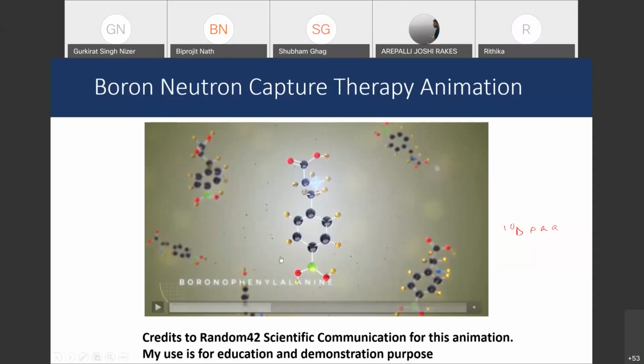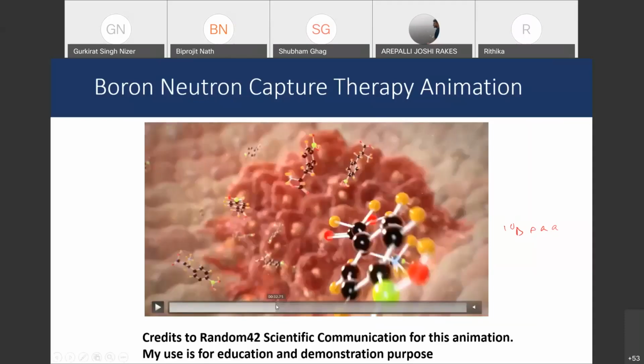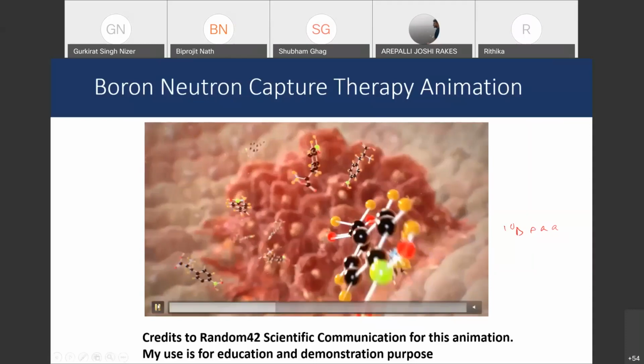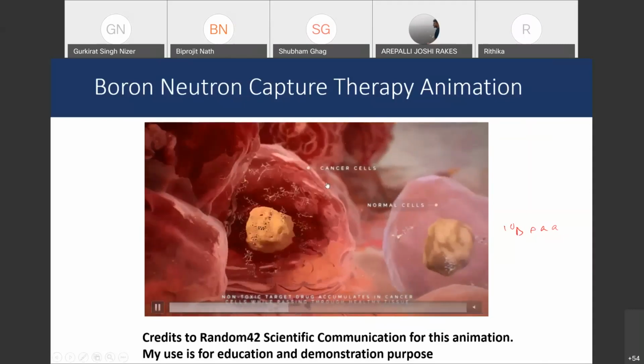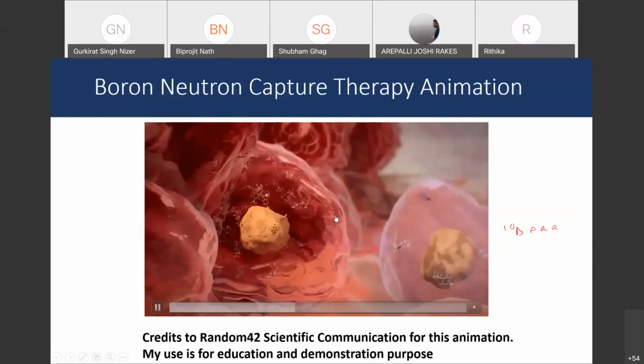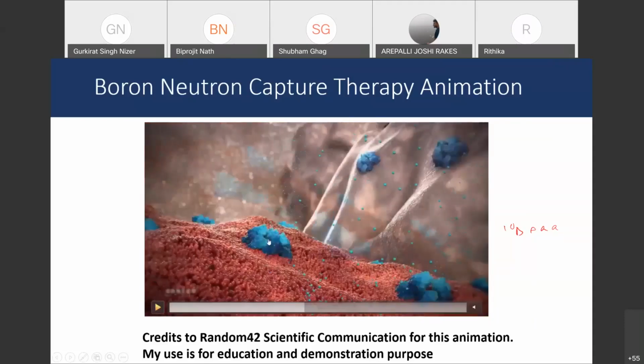And we know that tumor cells are highly glycolytic in nature. They express a higher amount of glucose transporting proteins on the cell surface. And apart from these, tumor cells also express a higher amount of amino acid transporting proteins. As we can see over here, because the cancerous cell has higher expression of these amino acid transporting proteins, this boronophenylalanine enters inside the cell.